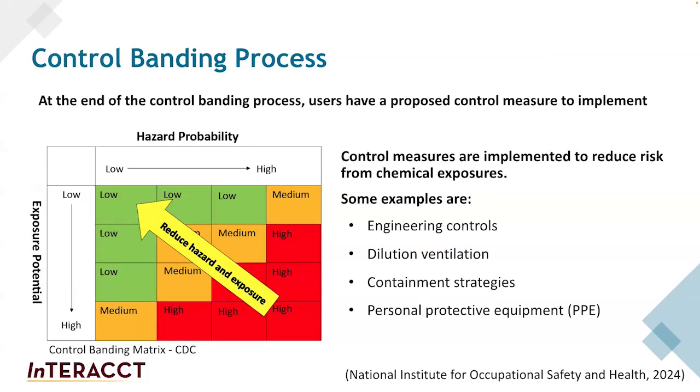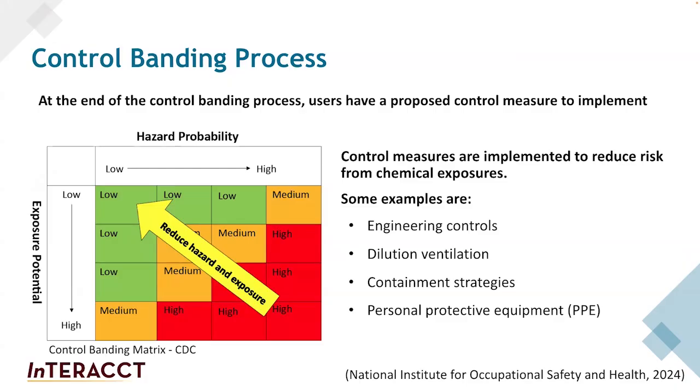Some common control measures include engineering controls like enclosures or local exhaust ventilation, general dilution ventilation, and containment strategies. If necessary, personal protective equipment, or PPE, may also be recommended, although it's considered the least preferred option in the hierarchy of controls.